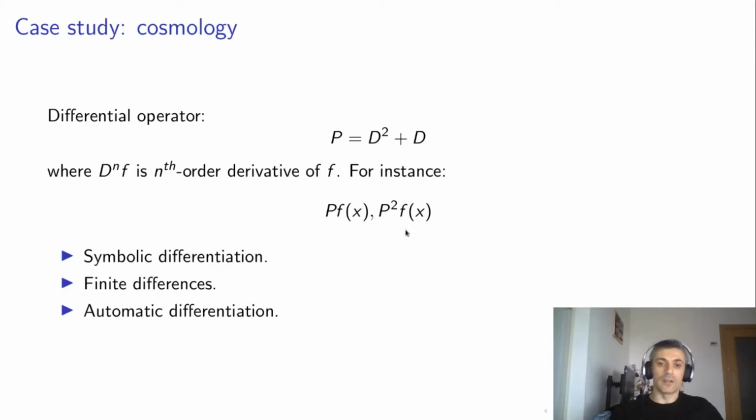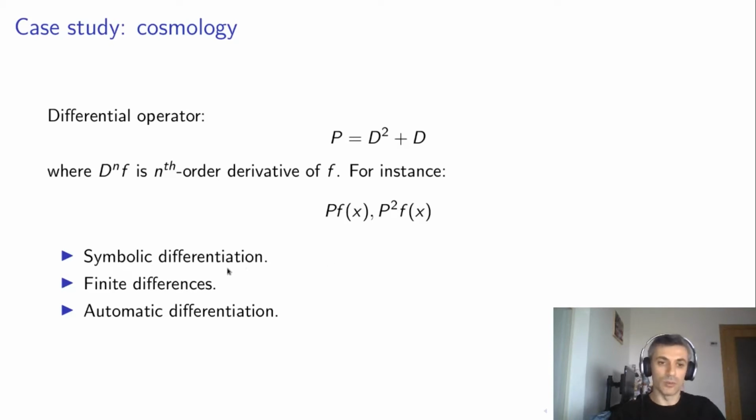And there are different ways to face this problem. So one can use symbolic differentiation. That's what we did at the C++ level. But that's inefficient because it led to long expressions that take correspondingly long to evaluate.